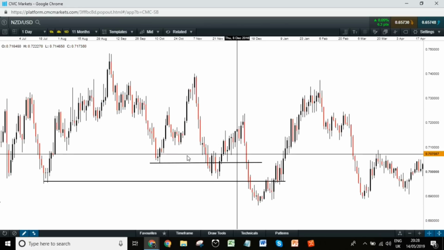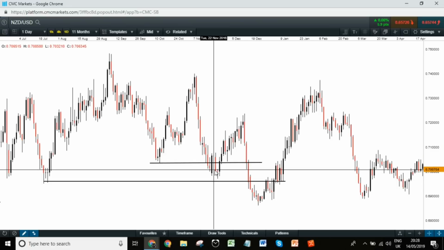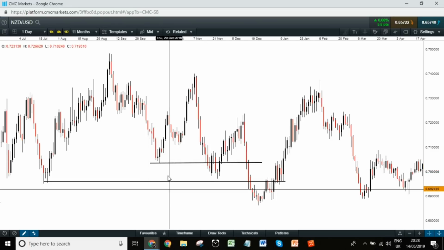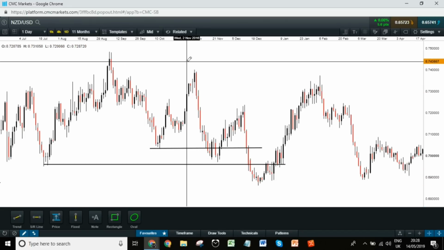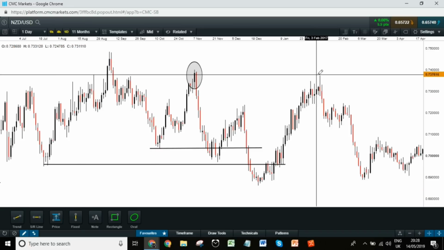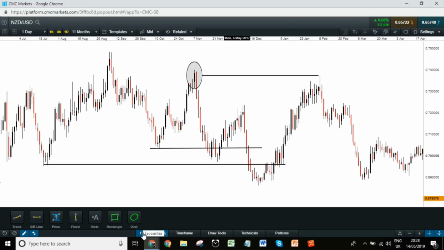So we've got a rally, base, and a drop that broke one low and the previous low on the daily, and then the market decided to come back around to it. Let's just draw this in here. Again, another extreme, right?